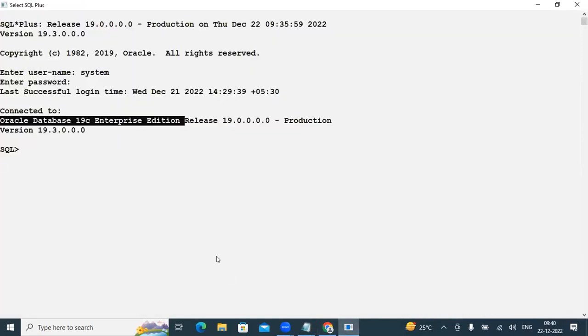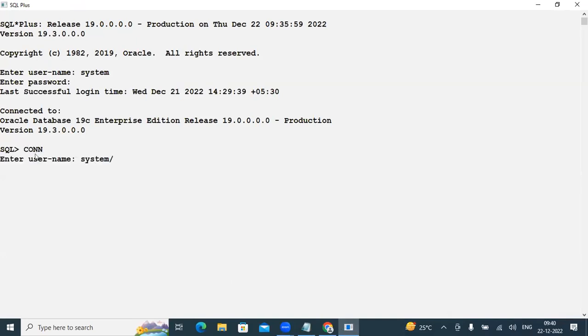For example, I gave system and tiger, and I connected successfully. If I give SYSTEM in capitals with the password in small case, it still connects, because the username is not case sensitive.